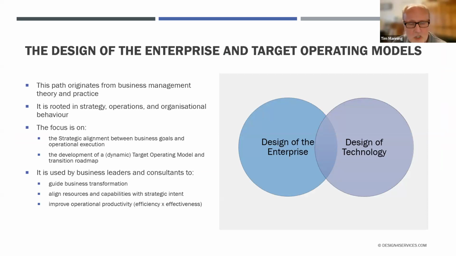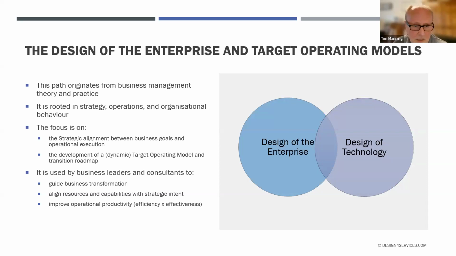So this path originated from business management theory and practice. It's rooted in strategy, operations, and organizational behavior. The focus is on how we align strategy with the operational execution, and how we develop dynamic target operating models and transition roadmaps. So we have an idea of where we want the operation to get to and how we're going to get there.